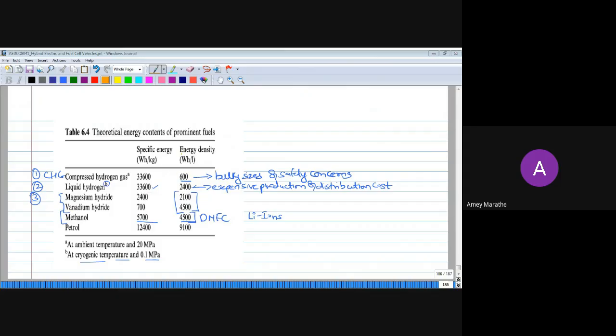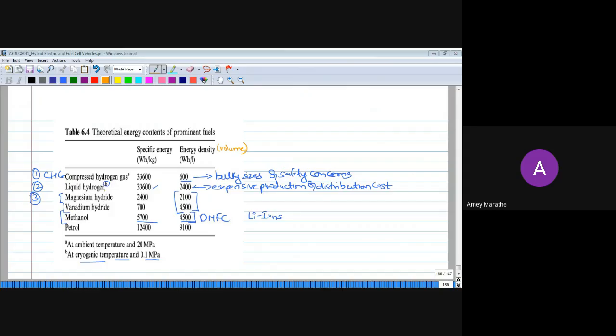Energy density is watt hour per liter, so it depends on volume. Since it has a very low energy density, if you want to store more energy inside it, the size will be bulky, and since the size is bulky, you will definitely have safety concerns.